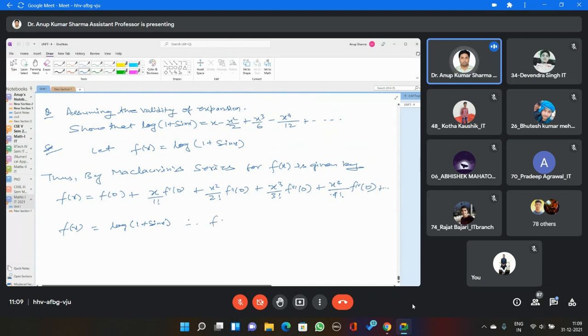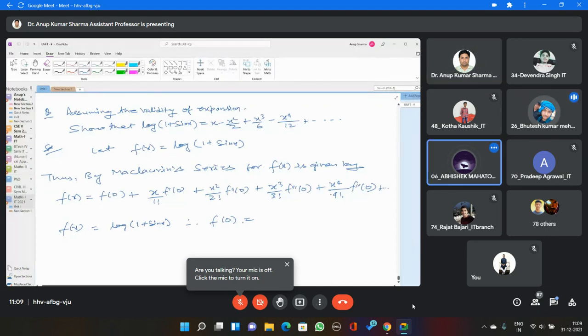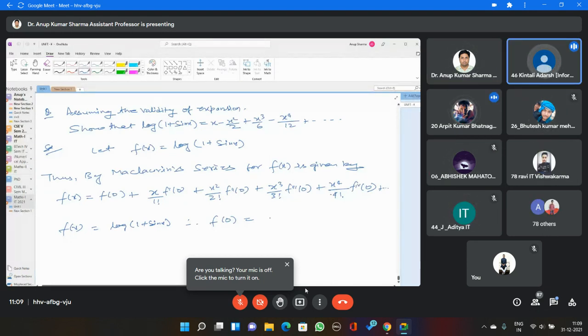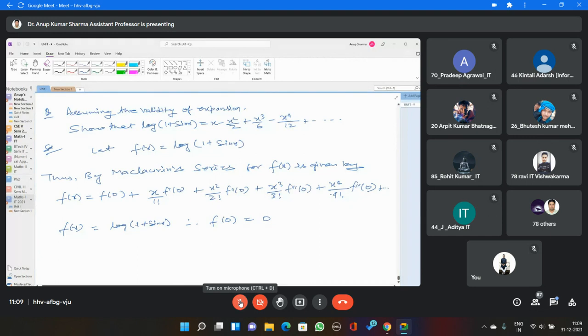So therefore f of 0 is how much? Anybody? Sir, 1. Sir, zero. Zero, correct. When x is equal to 0, sin 0 is 0 and log 1 is 0. So f of 0 is equal to 0.